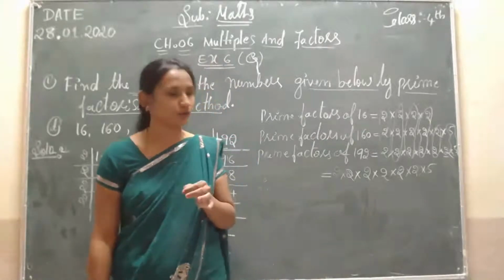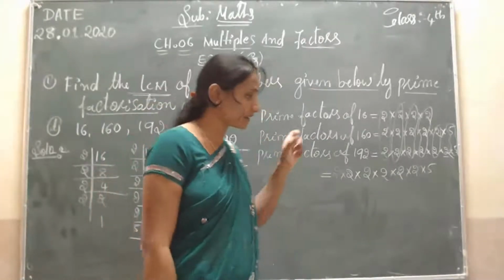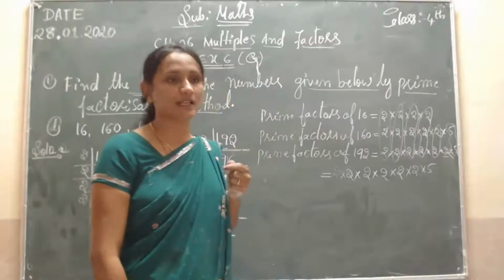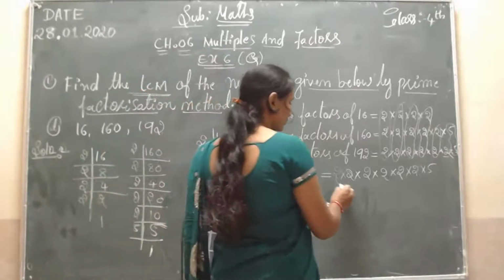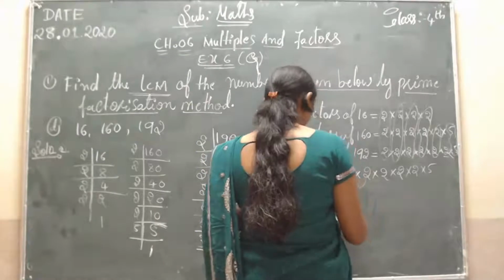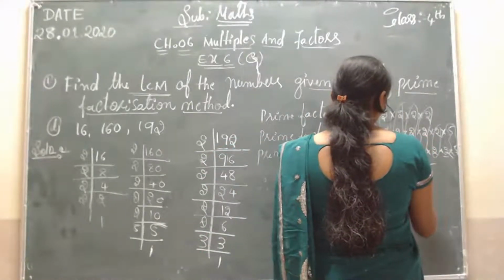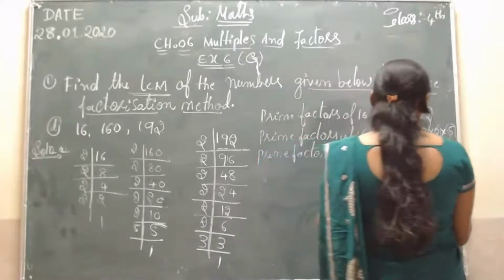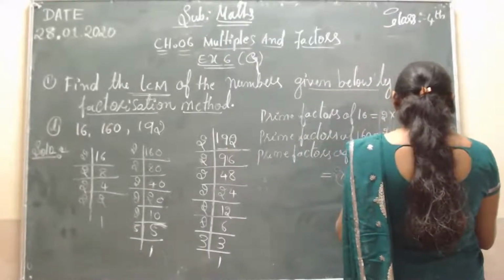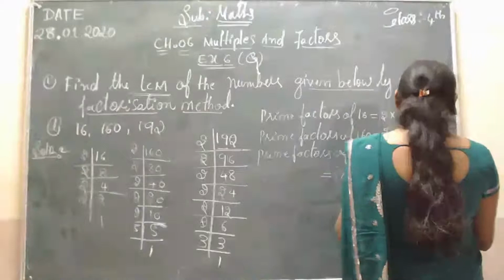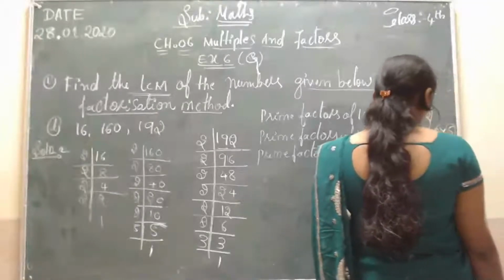One time now that is 5. So now you have to multiply. So students, 2 times 2 is 4, 4 times 2 is 8, 8 times 2 is 16, 16 times 2 is 32, 32 times 2 is 64, 64 into 5. Students, 64 into 5. So 5 4s are 20.